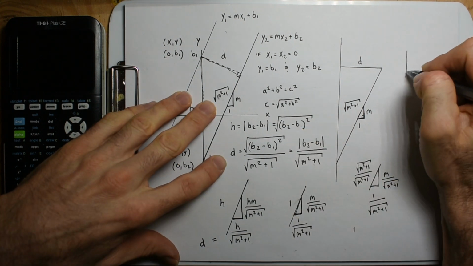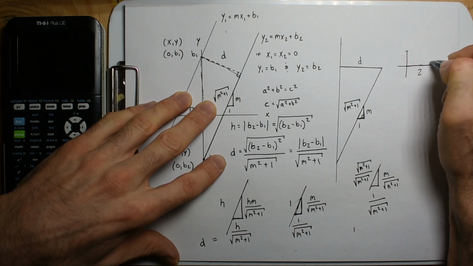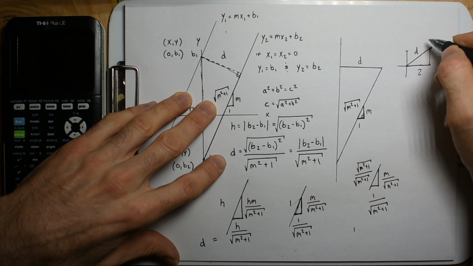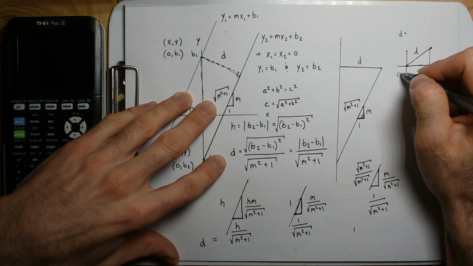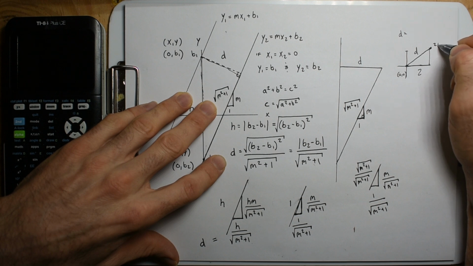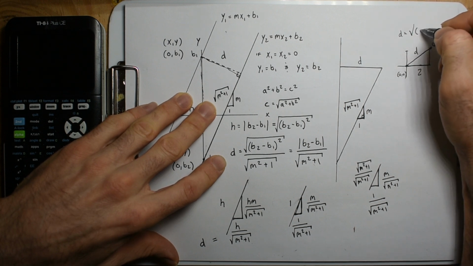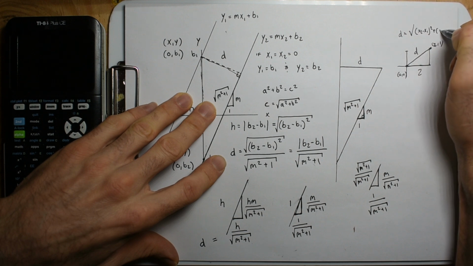It's the same as having, like, in the x direction 2, in the y direction 1, and then you're like, hey, what's this distance? Well, the distance is going to be between 2 points. This is 0, 0. This is 2, 1. And so the distance is going to be the square root of x2 minus x1 squared plus y2 minus y1 squared.